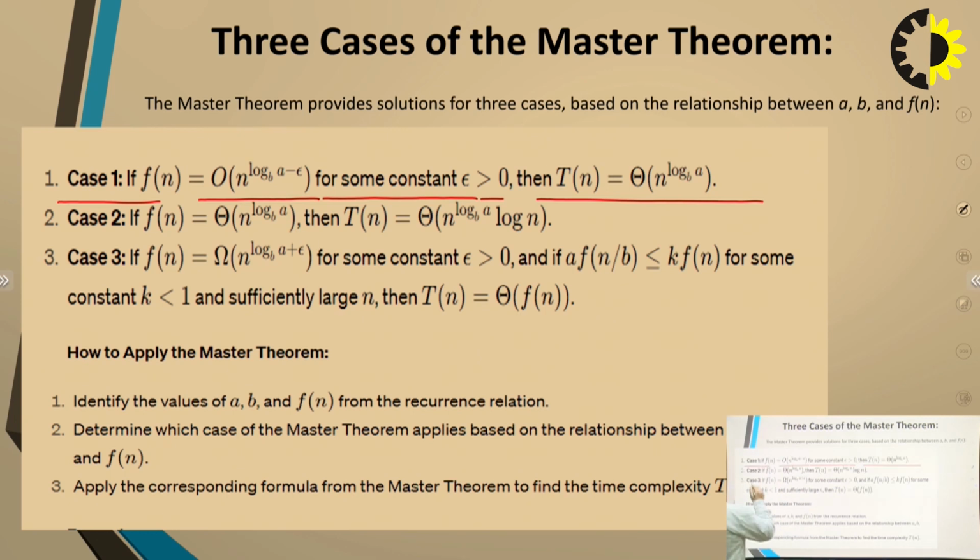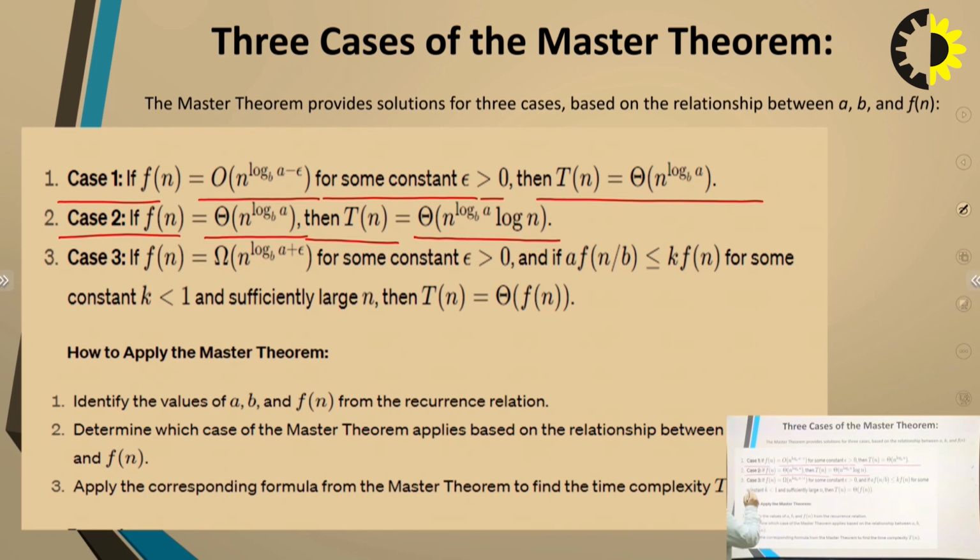And case 2: if f(n) is equal to big theta of n to the power log a base b, then T(n) is equal to big theta of n to the power log a base b times log n.